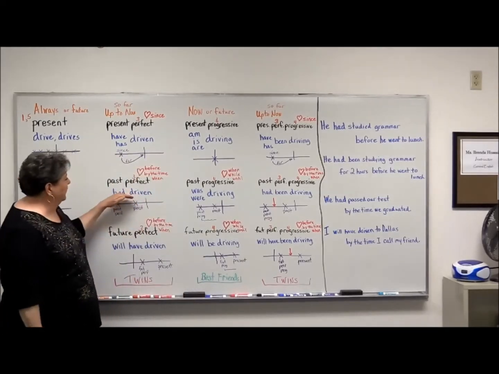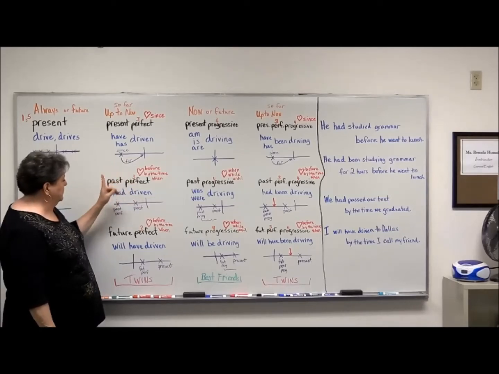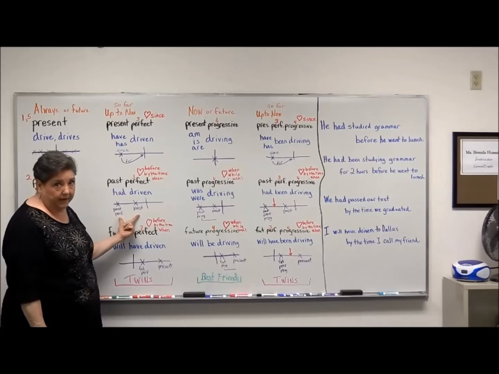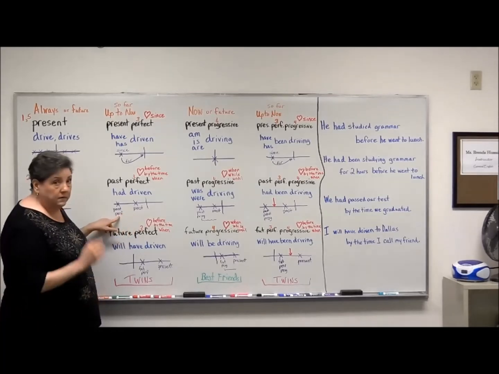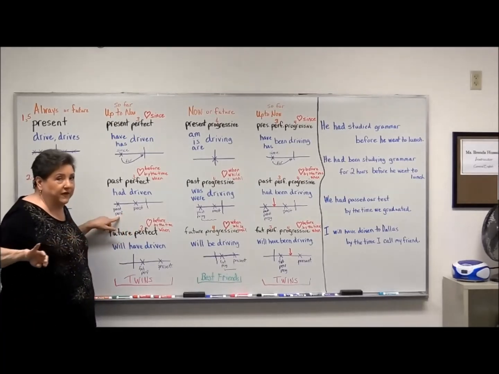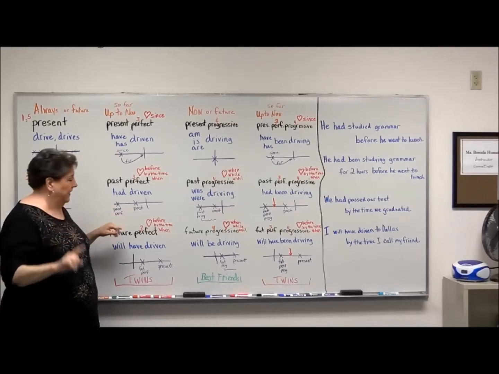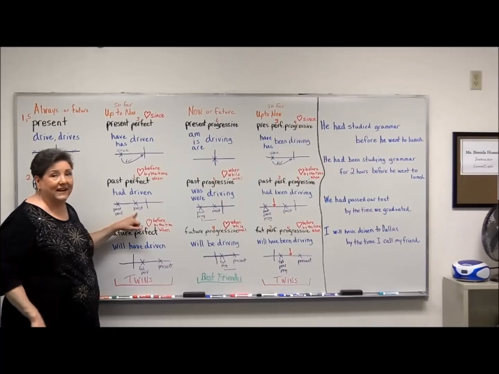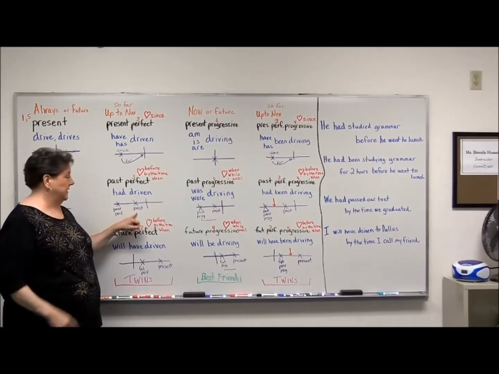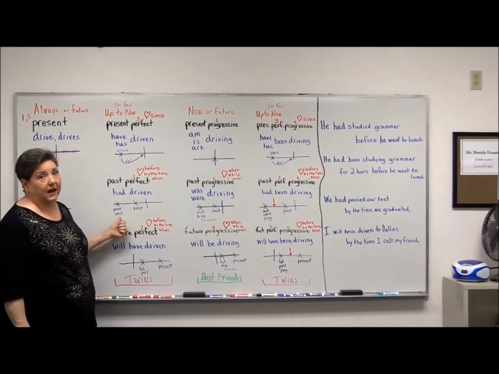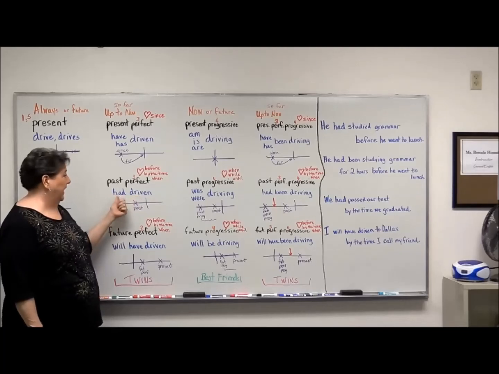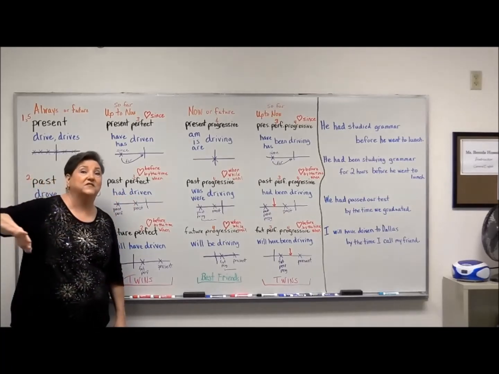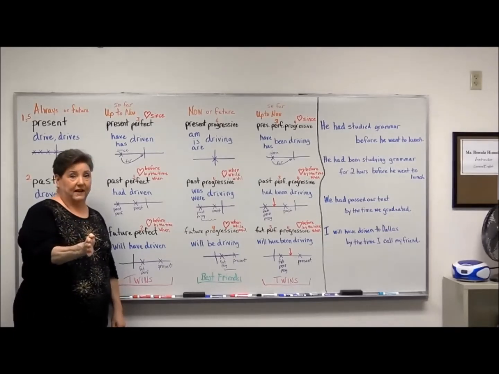So what does past perfect mean? Past perfect means 2 actions happened in the past. One happened first and was finished. That's the perfect part. This happened and was finished before the second action happened. Look at the tenses. The first action that happened is the past perfect, had with verb 3, because that's the first action that happened and is finished before the second action.